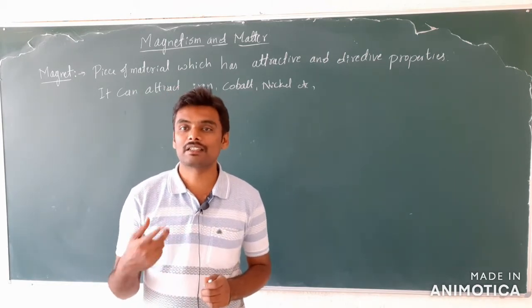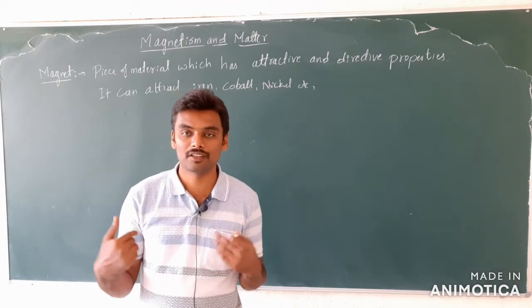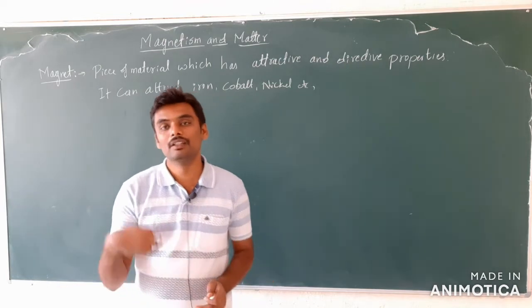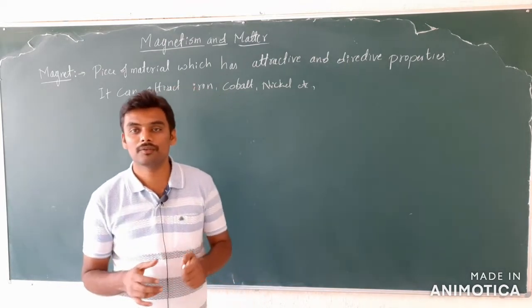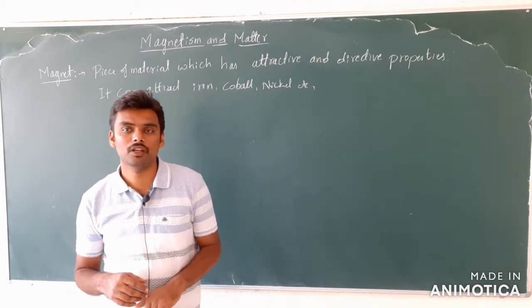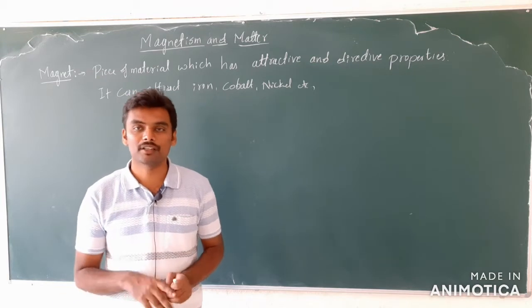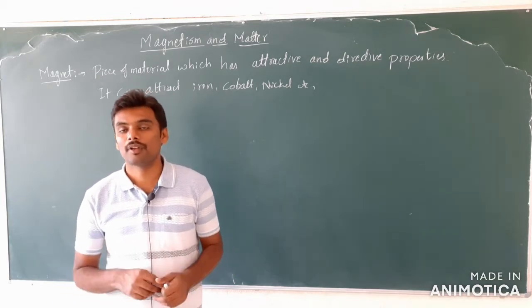A current carrying conductor, after supplying the external potential difference, connecting that wire to a battery, that wire acquires magnetic property, right? When we switch off the circuit, then no current, no magnetic field, no magnetic effect. So they are all electromagnets.